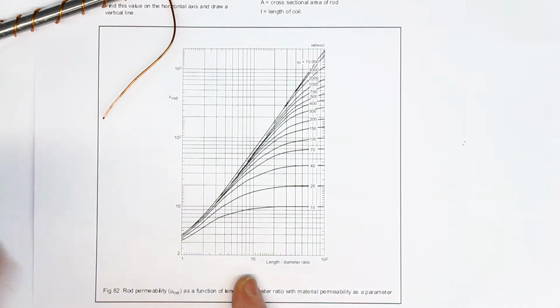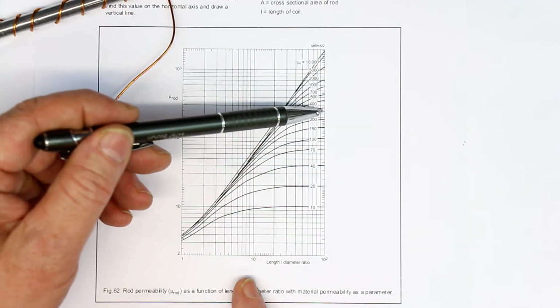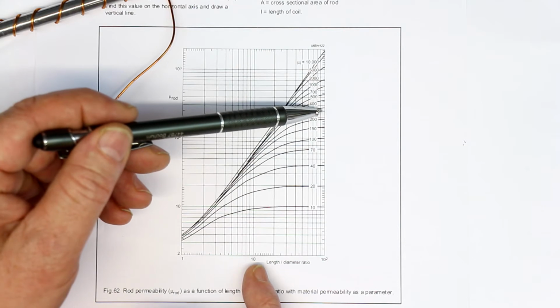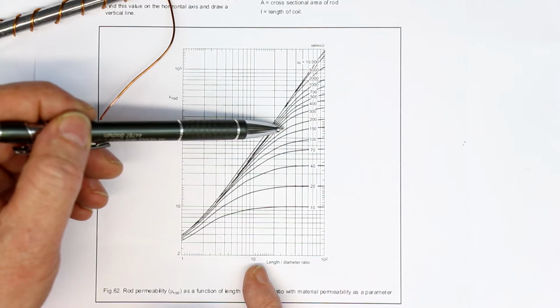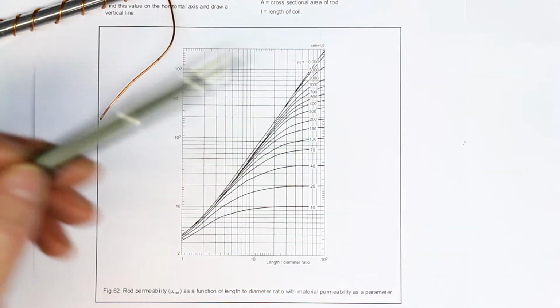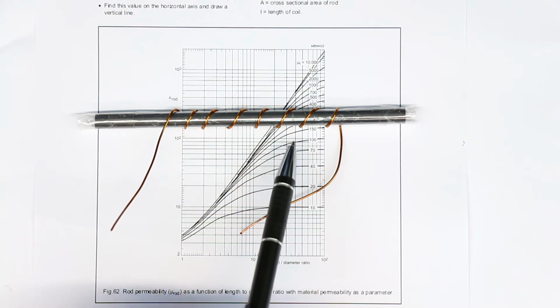If we look up in our graph, we have an initial permeability of 250, that would be here. But with an aspect ratio of 18, this is diminished to somewhere around here, so to around half its original value. So the first factor is the aspect ratio, and if you don't have such a graph, it becomes quite difficult to use the values in our spreadsheet.